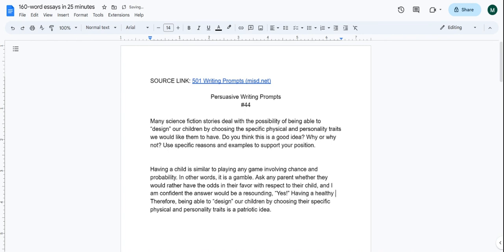Having a healthy baby, just thinking of designing a healthy baby with both a charming and giving disposition.